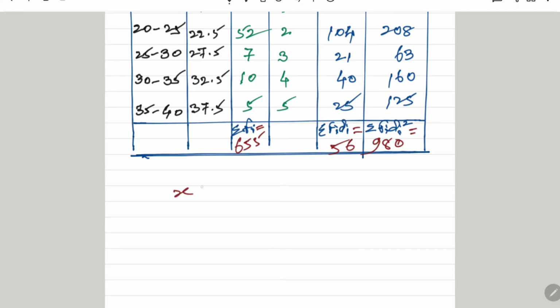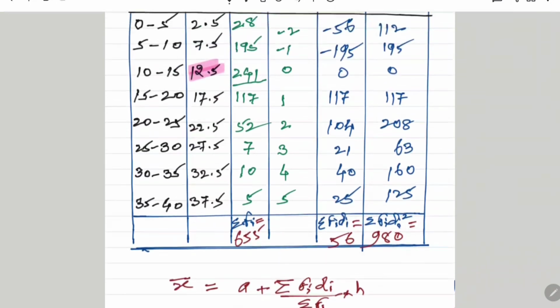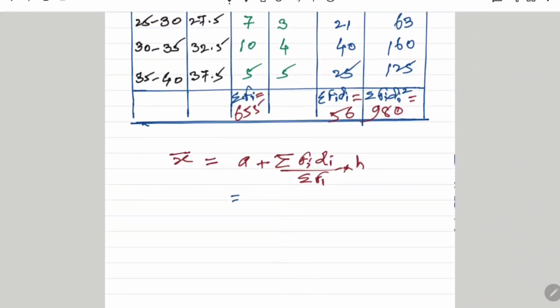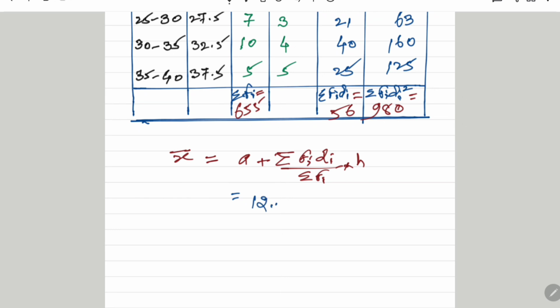We require to find out these two quantities. Mean first. Formula is A plus summation of fi di divided by summation of fi, into h. Substituting the value of A is 12.5, summation of fi di is 56, summation of fi is 655, and h, difference, is 5.